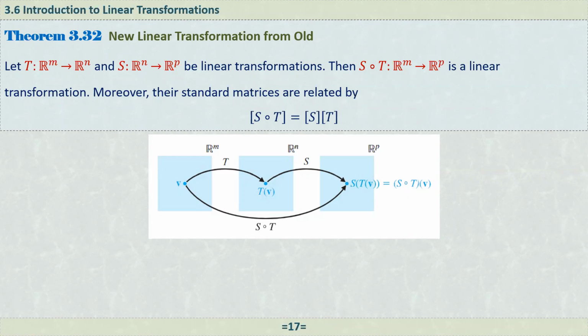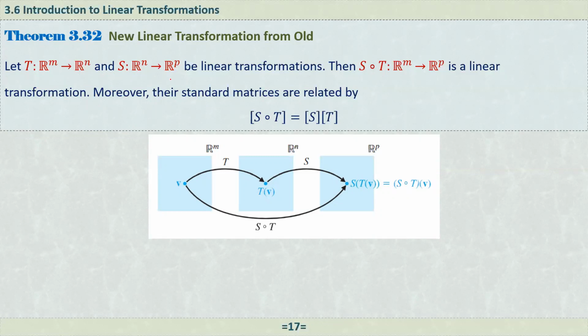So here it's like composing two functions. If we are given two linear transformations, the first one takes a vector from Rm to Rn. And we are given another linear transformation, let's say it takes from Rn to Rp.